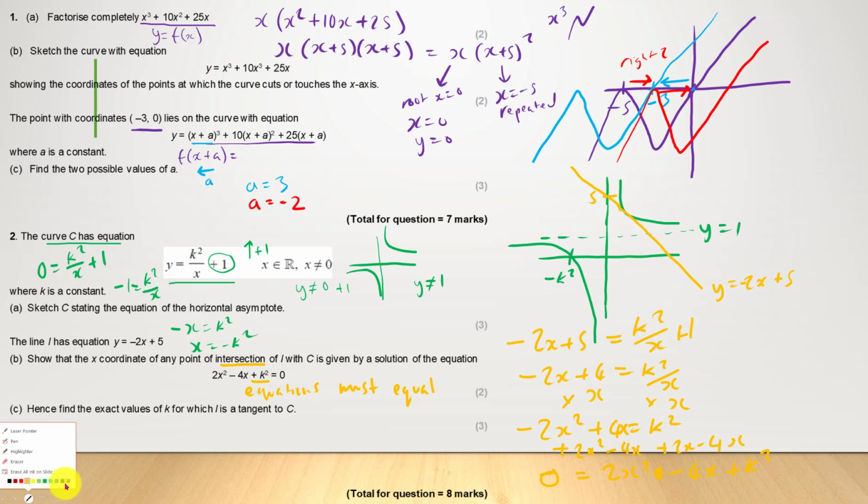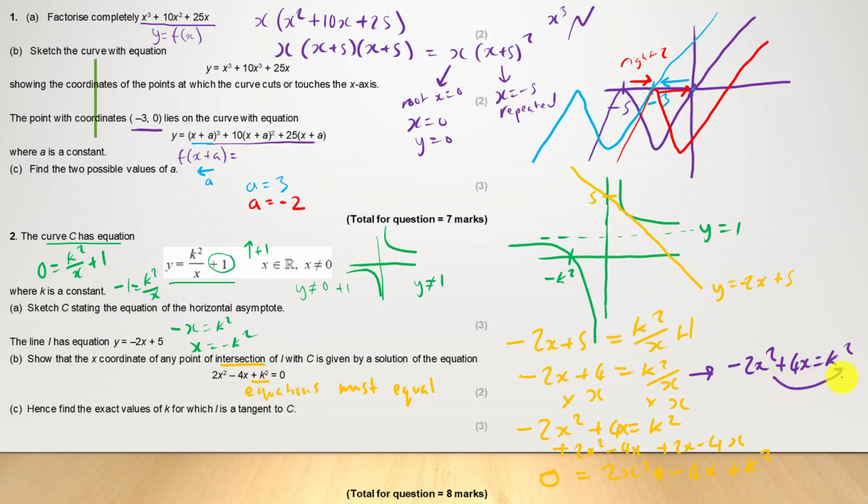And I'm just going to write that again in a different colour. So hopefully you can see at this stage we multiply both sides by x, so we're going to get minus 2x squared plus 4x equals k squared.